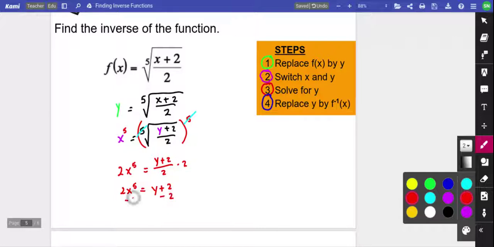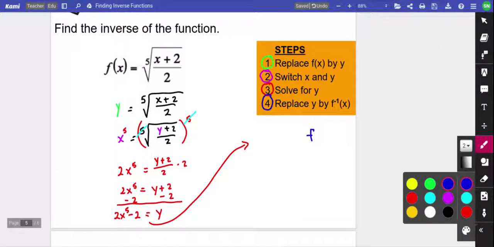Subtract 2 from both sides. I ran out of space, so I'll do it over here. Then the last step is, instead of y, you're going to put the symbol of the inverse of f of x. And this is equal to x to the 5th power minus 2.